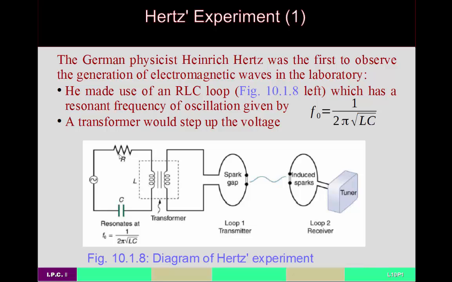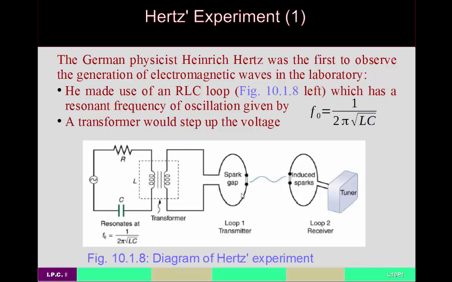RLC means resistor, inductor, capacitor. He had an AC source and an RLC circuit with a transformer. The AC source goes through the transformer and gets converted into an AC signal over here.